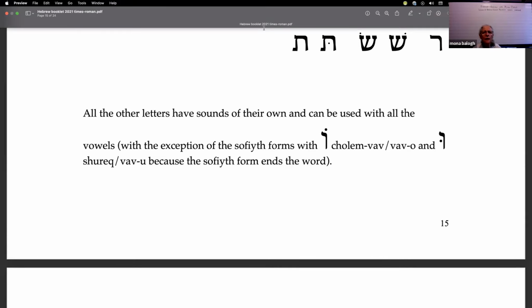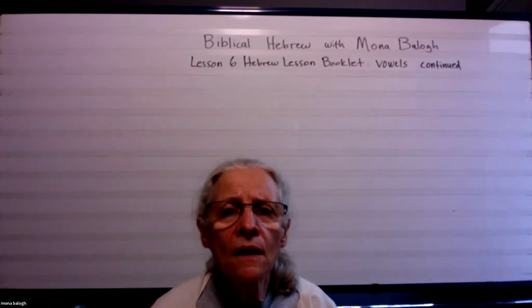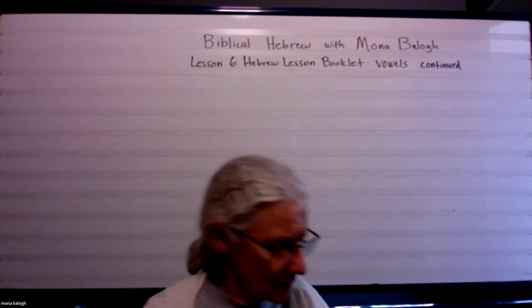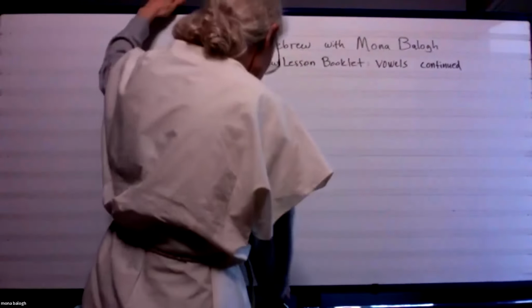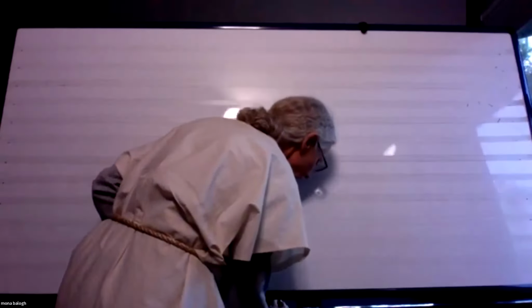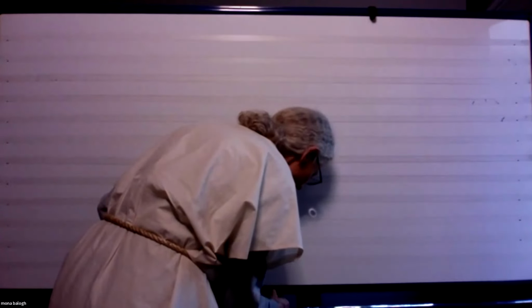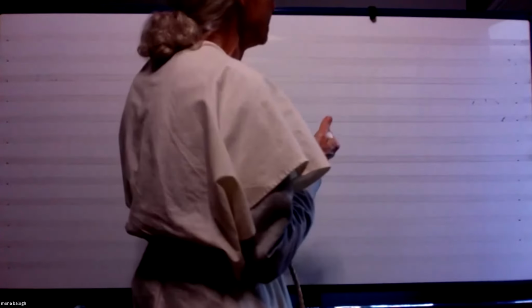All righty, so let's get out of this, and we're going to now go write the aleph bet. Okay, and we're going to write all the letters except for the vav o and the vav u, because we're going to use those as vowels.